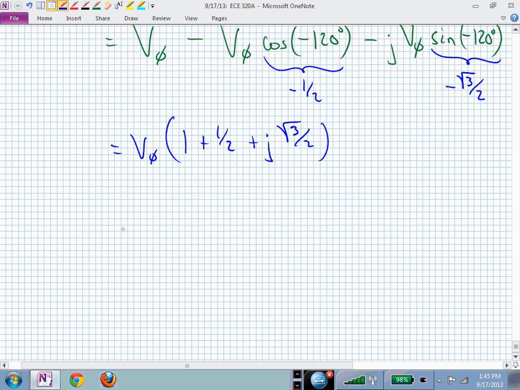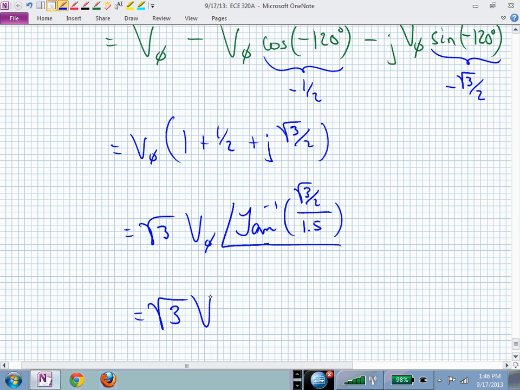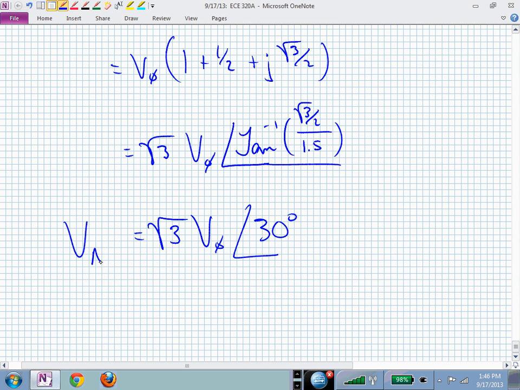You can do that tonight at your leisure, but that's actually a magnitude of the square root of 3. And its angle, so that's square root of 3 V sub phi at an angle of an inverse tangent of the opposite over the adjacent. And that is actually this root 3 V sub phi at an angle of 30 degrees. And that was V sub AB.